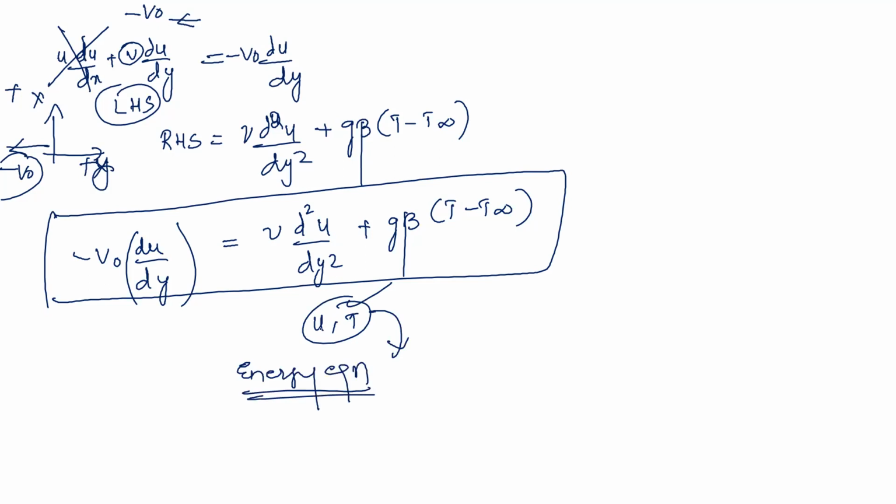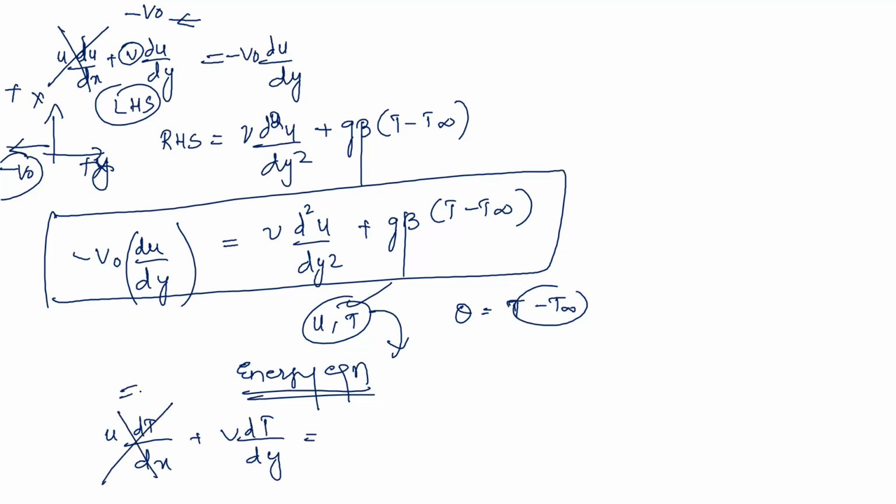Okay, going to that. We have previously denoted theta equal to T minus T infinity, so keep that in mind. Somewhere if you are using theta, that will be T minus T infinity. So the energy equation is like this: u dT by dx plus v dT by dy is equal to. Here also this term goes to 0 and just this term remains, that is minus vo dT by dy.